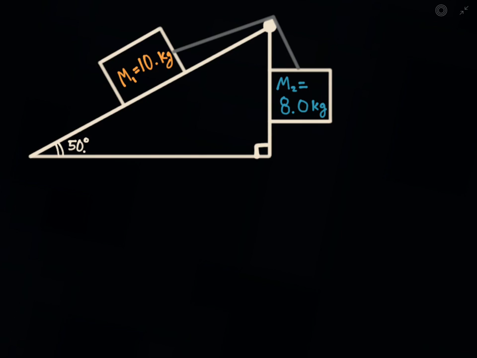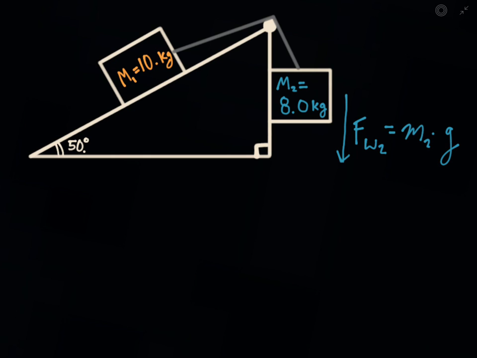So the first thing we can do is say that the force acting down on this blue object here, mass 2, is going to be the weight. So F sub W2 is going to be the mass of the second object times gravity.